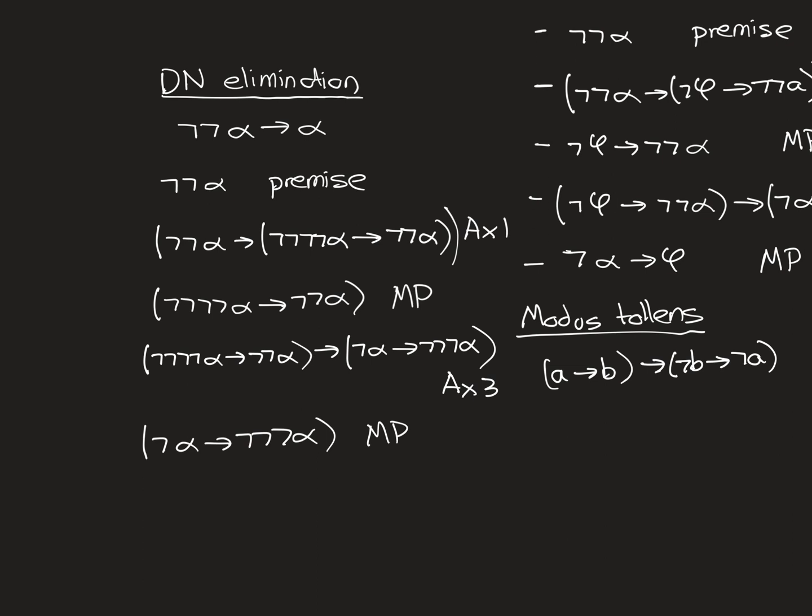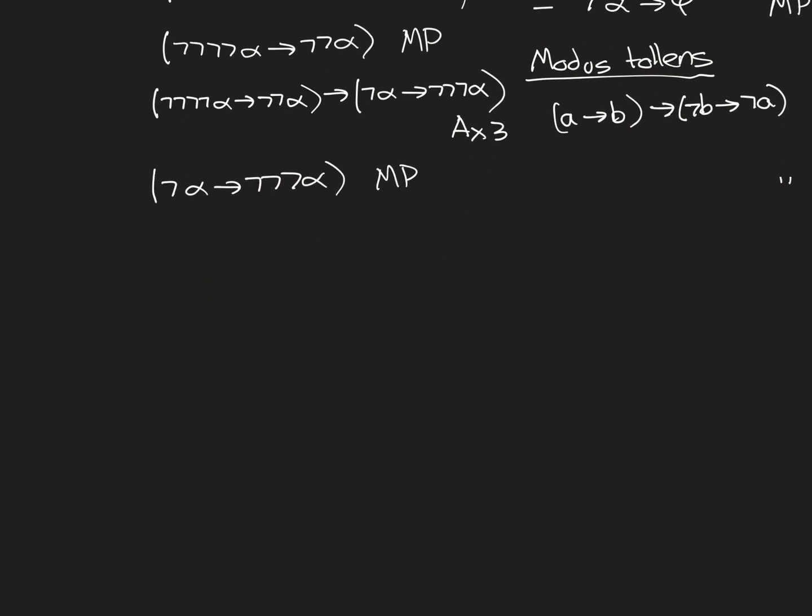And now we're just going to apply axiom 3 again. So not alpha implies not alpha. It's true by axiom scheme 3 that this implies not alpha implies alpha. So that's again axiom 3, where this time A is not alpha and B is alpha.